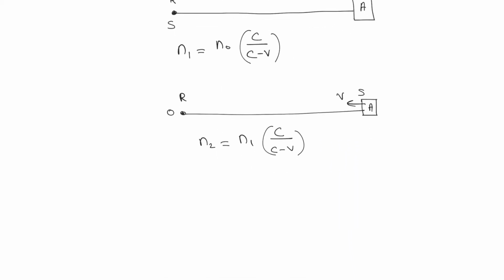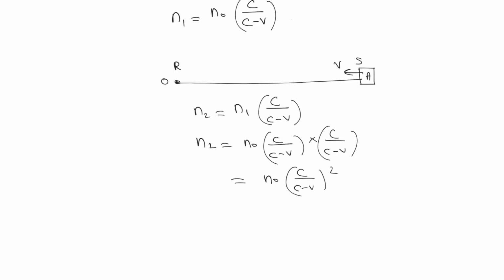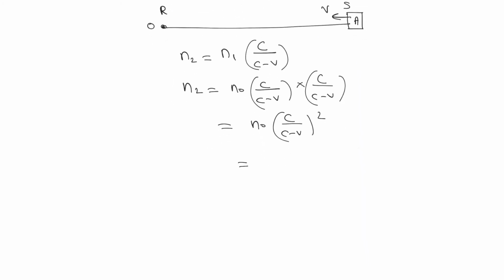So we can find the value of this n2 in terms of the actual frequency n0. n1 we know is n0 into c divided by c minus v, so n2 is n0 into c divided by c minus v into c divided by c minus v. So this is going to be n0 into c divided by c minus v the whole square, and as the value of c is much greater than that of the velocity, we can go for a binomial approximation.